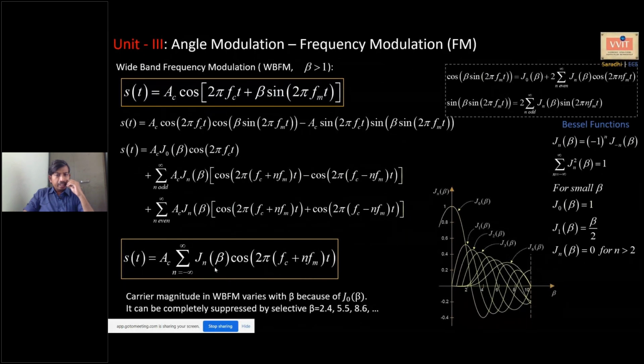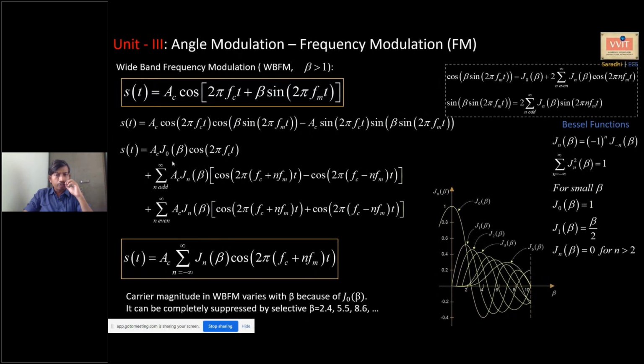You see, this entire term depends on Jn of beta, right? And the carrier amplitude depends completely on one particular Bessel function, J0 of beta, and this periodically becomes zero. Whenever J0 of beta becomes zero, the carrier component also becomes zero.